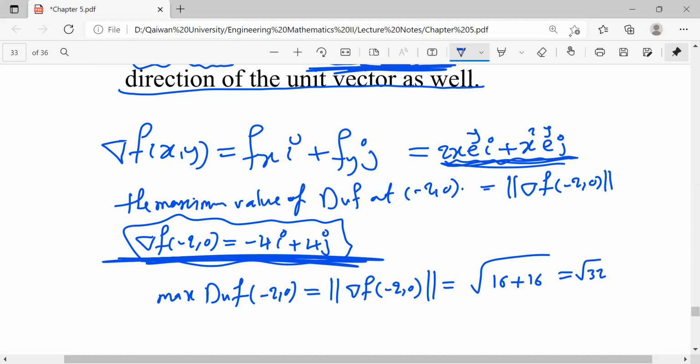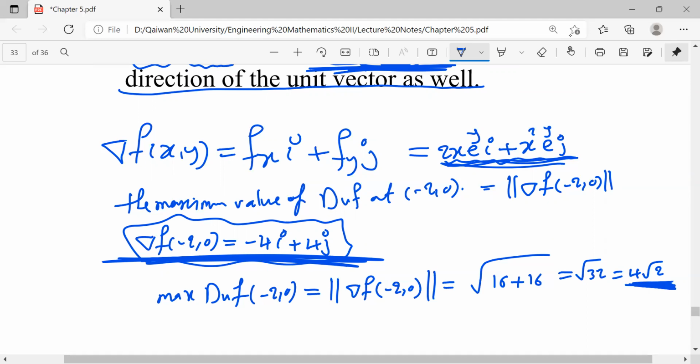And you can say it equals 4 square root of 2, because it's 16 times 2, and 16 can be taken out of the square root. We get 4 square root of 2. This is the maximum value of the directional derivative.